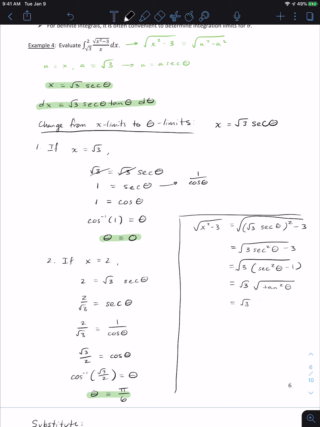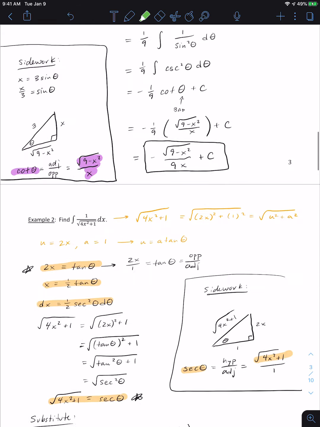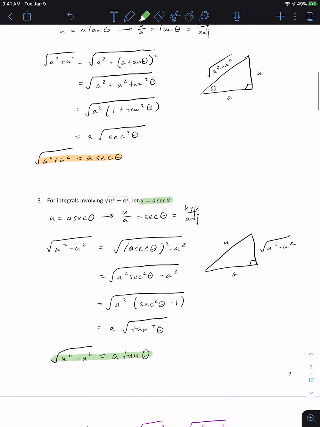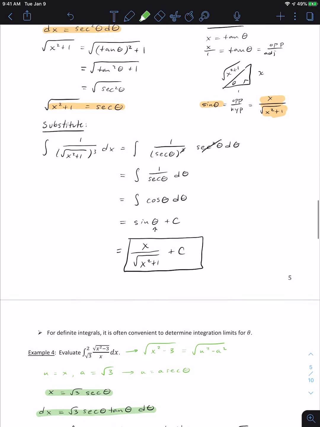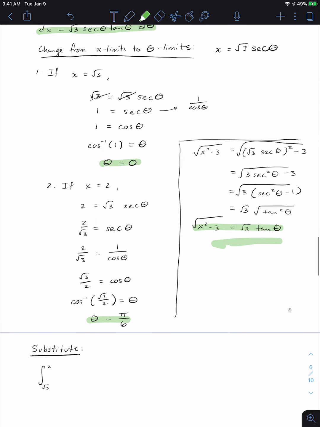So I get radical 3 tangent theta. That's what the square root of x squared minus 3 is. So I apologize. I should have done that at the beginning, but I didn't. And again, that's what we expected, because if you go back up to our original setup, we said that I should get whatever a is times tangent of theta for my substitution, and that's exactly what I got here.